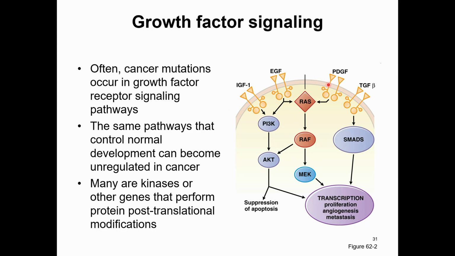So for instance, here's some pathways mediated by receptors called IGF, EGF, PDGF, TGF-beta, etc. If you look at this, when these receptors are activated by binding a ligand, an endogenous ligand of some kind, there is all this signal transduction that occurs inside the cell where you're activating kinases and other factors, but leading to the activation of transcription factors that turn on genes involved in such things as cell proliferation, angiogenesis, the formation of blood vessels, and metastasis, the ability of cells to detach and move somewhere else. So those are all cancer things.